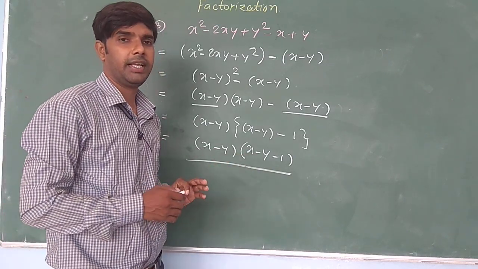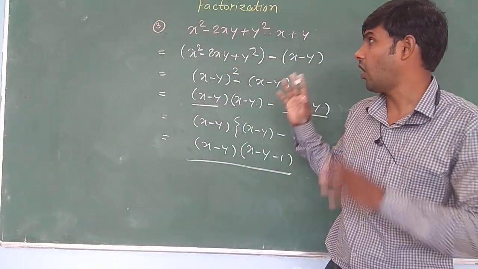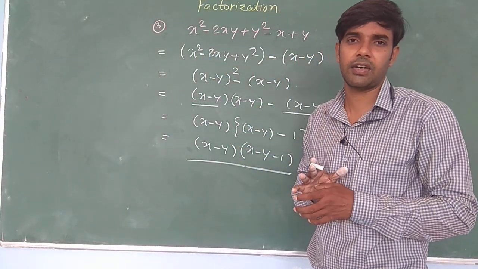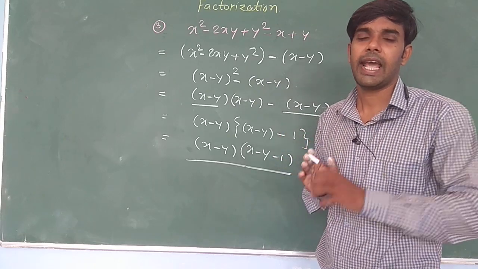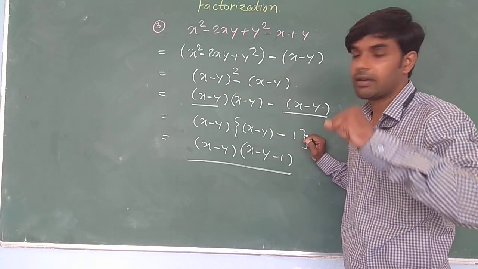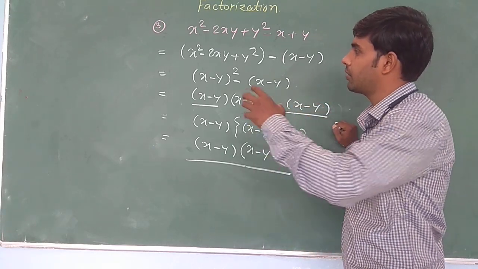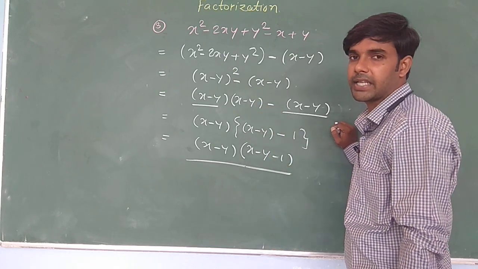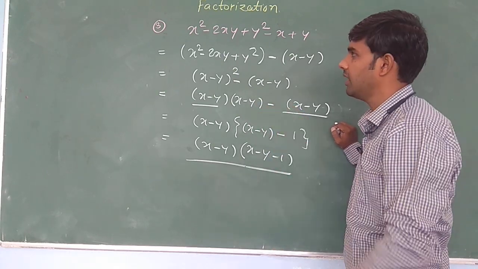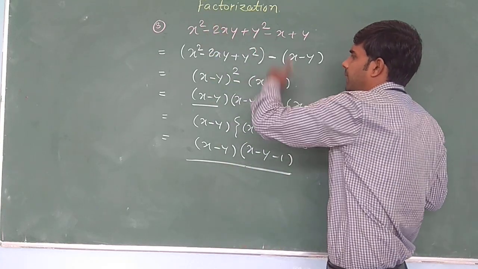Okay, it's very easy. You just have to observe the given algebraic expression very carefully and identify which identity you should apply to find the factors of the given question. So it's very simple.